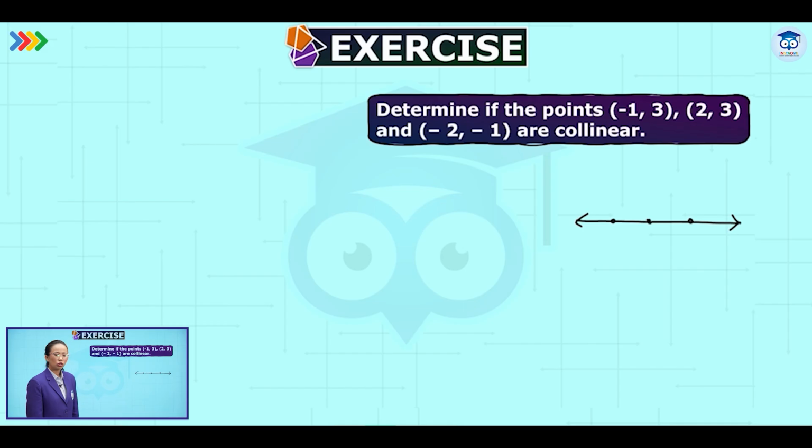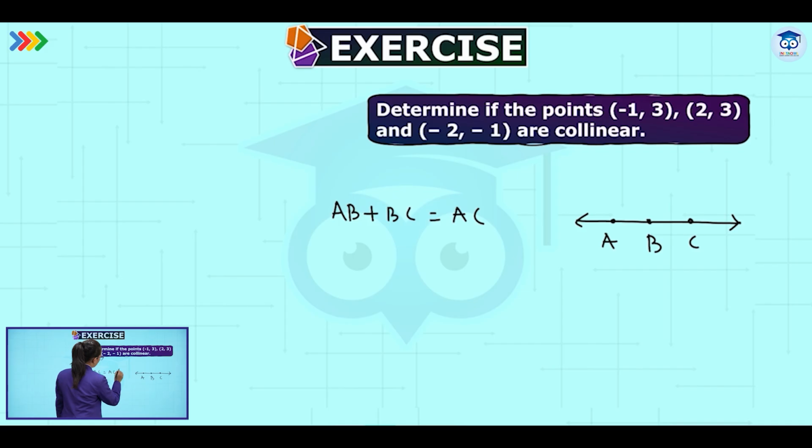To prove that these 3 points are collinear, suppose A, B, C are collinear, it means AB plus BC is equal to AC. That we are going to prove.